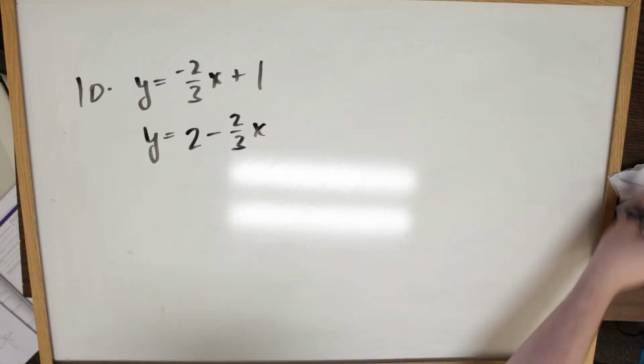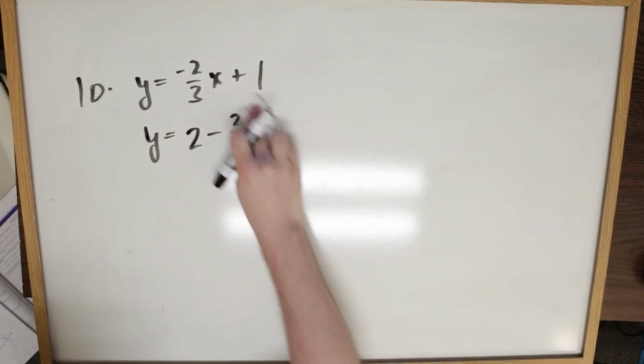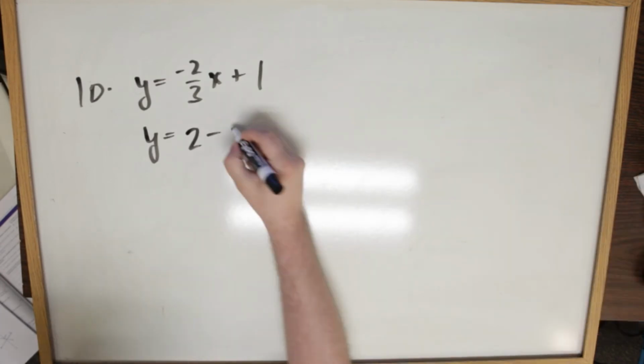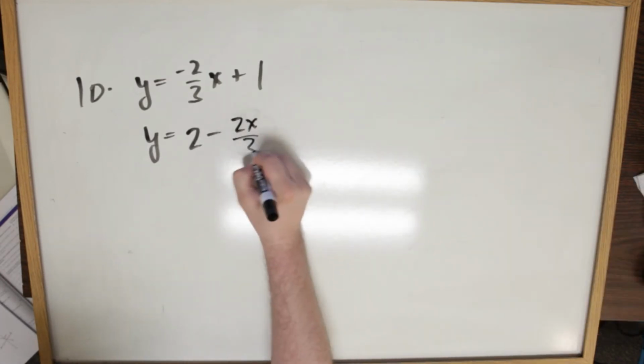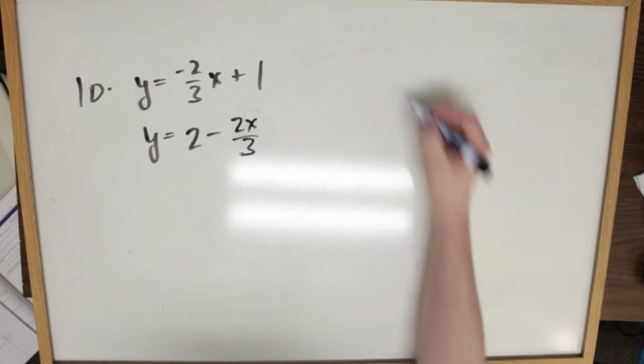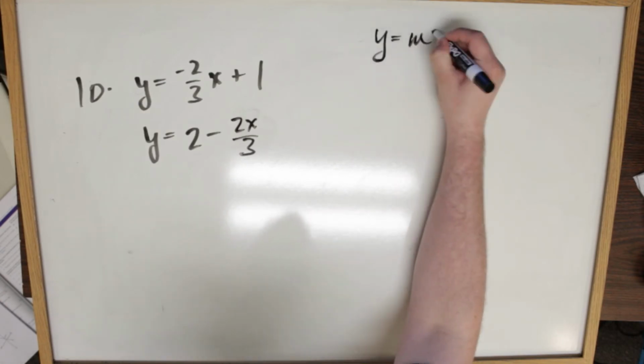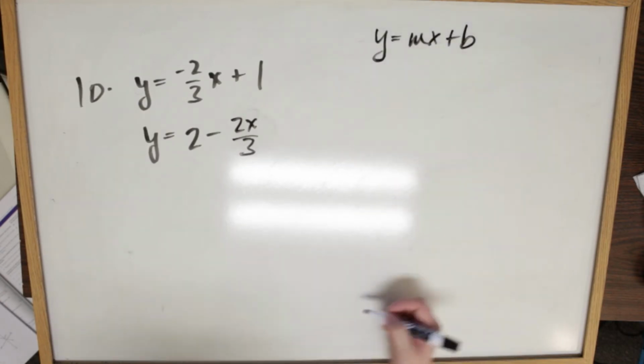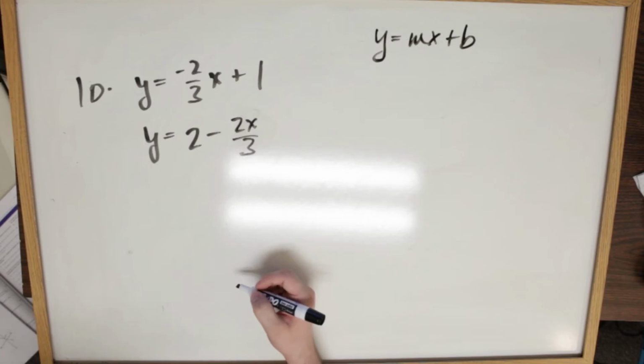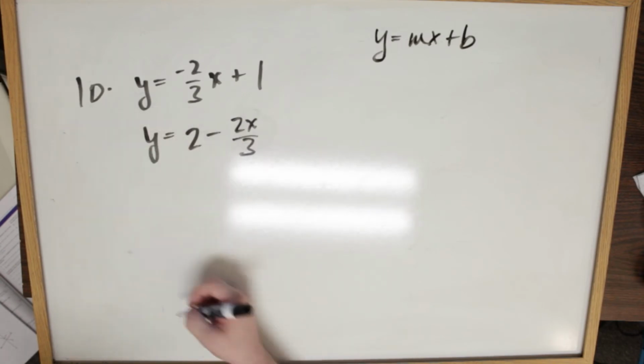Actually, I think the way they wrote it is this: it's the exact same thing, with the fraction over 3. Again, remember, y = mx + b, so let's put this in the proper form. The first one is already done. The second one we just have to change.